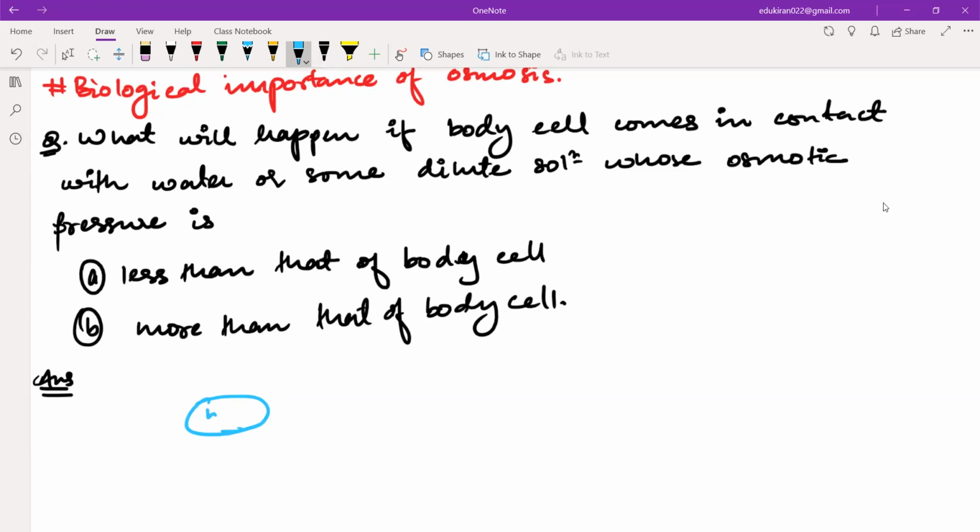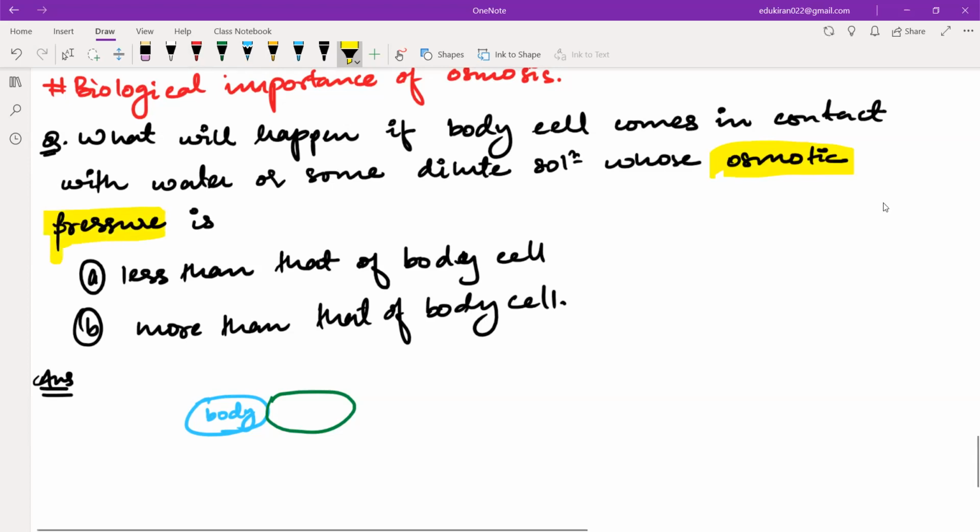Here this is a cell, this is of body. Okay, and there is a new cell here. Whose osmotic pressure is less than that of body cell? Pi is less.